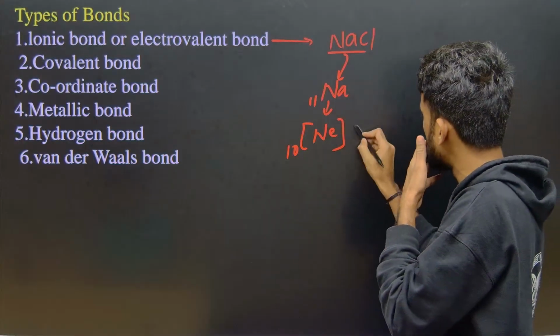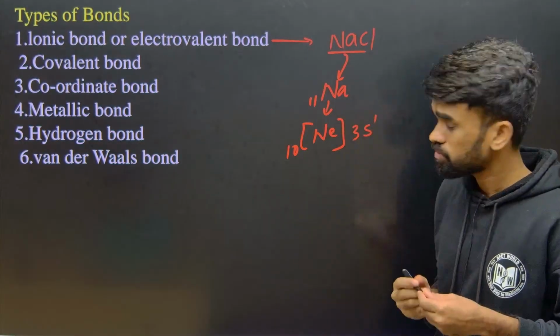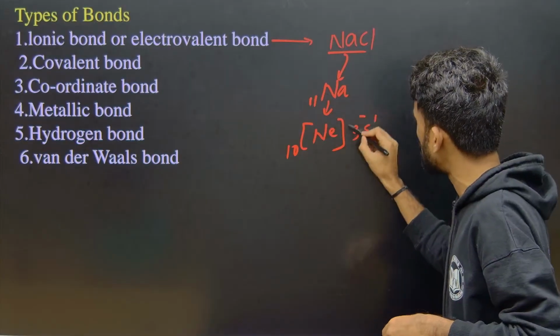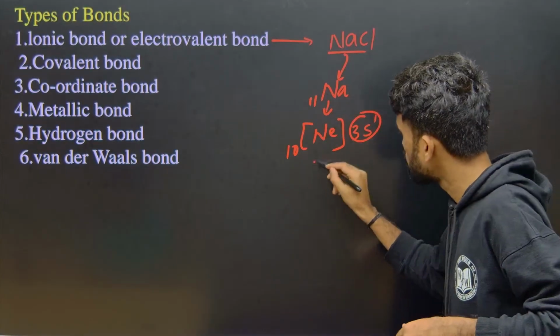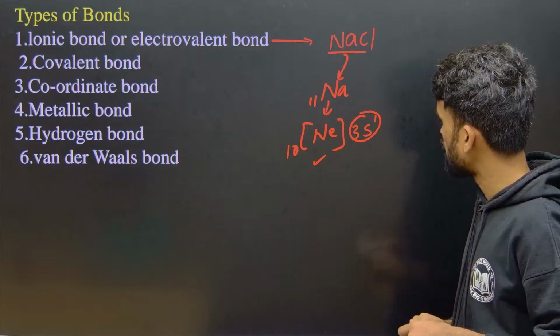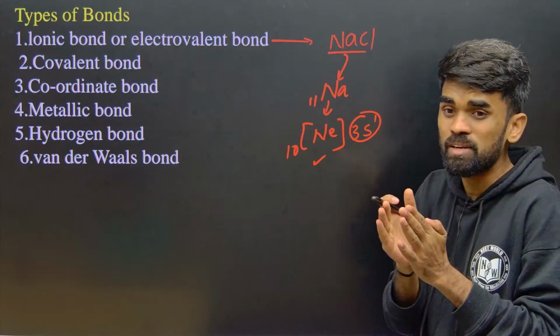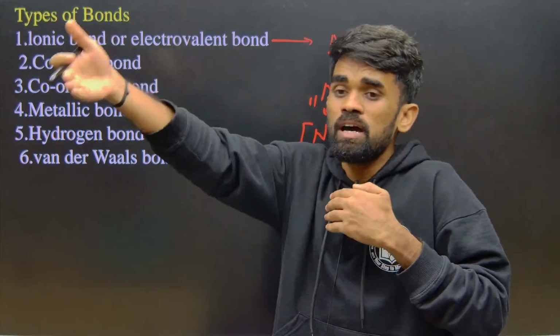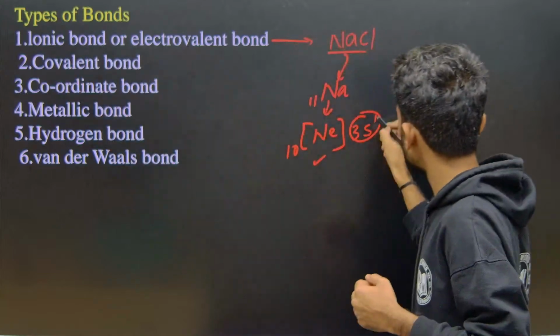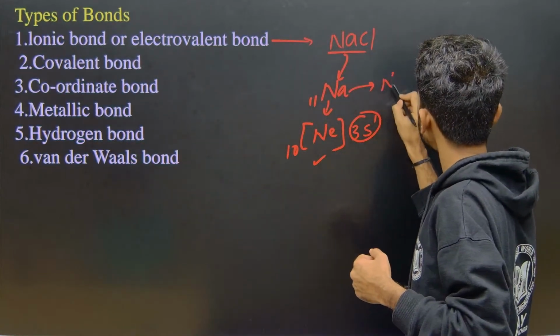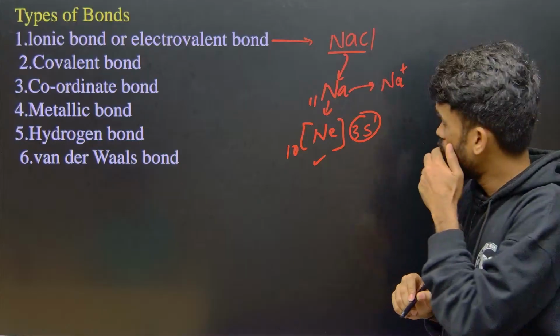Sodium, 11, means along with this, 3s1. By losing this 1 electron, sodium attains inert gas configuration. That's why sodium has a high tendency to lose the electron. By losing this electron, it becomes Na plus ion.